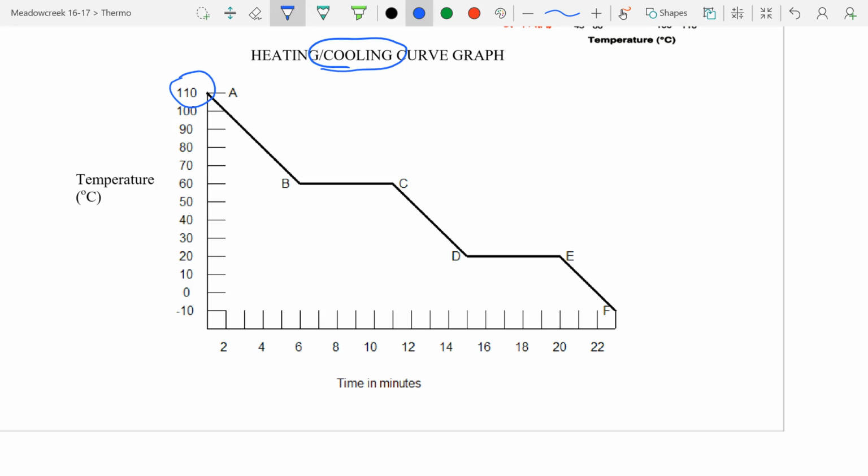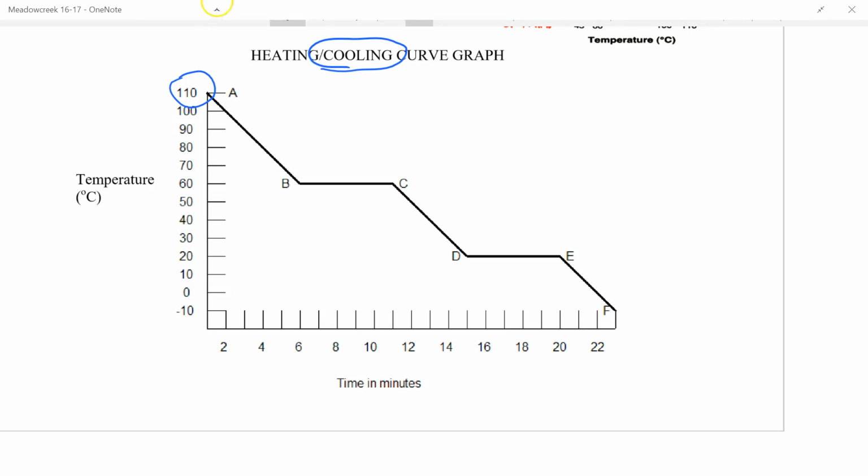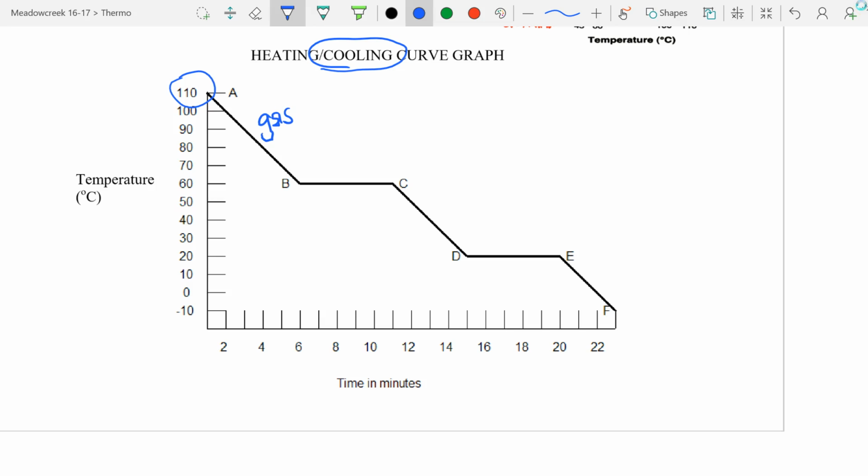Okay, what is happening to things? Now, from point A to point B, you're going to have a gas. And the reason for this is because you're at that high temperature. The atoms are moving very quickly.